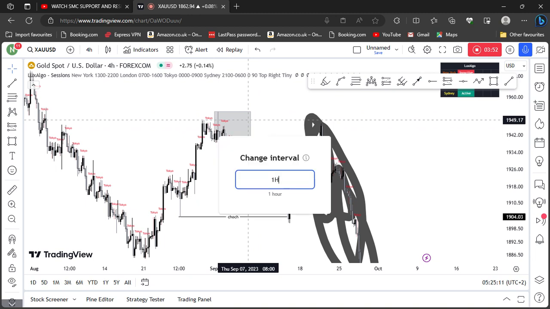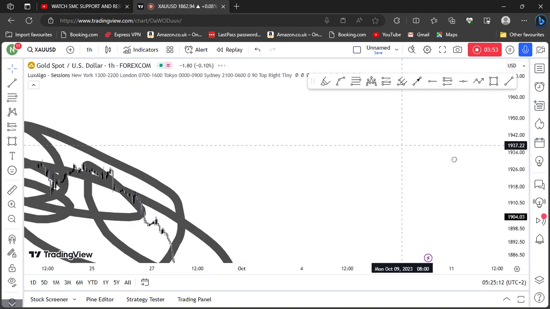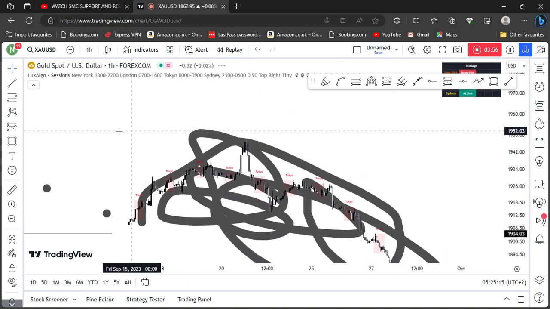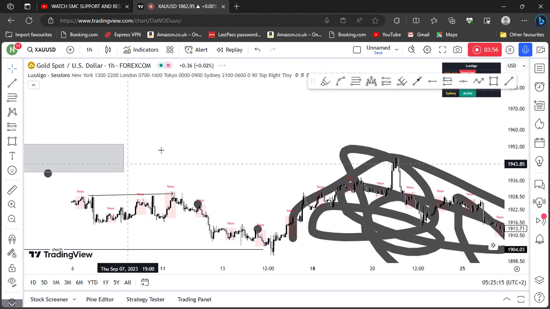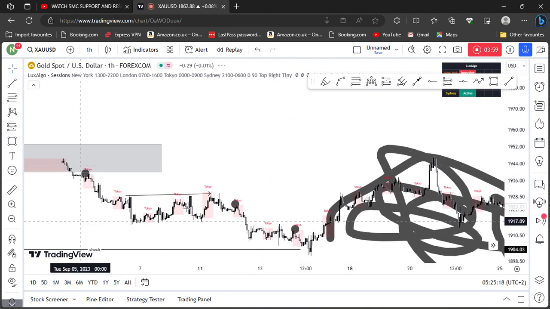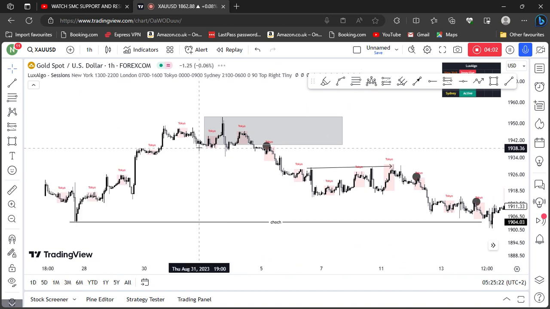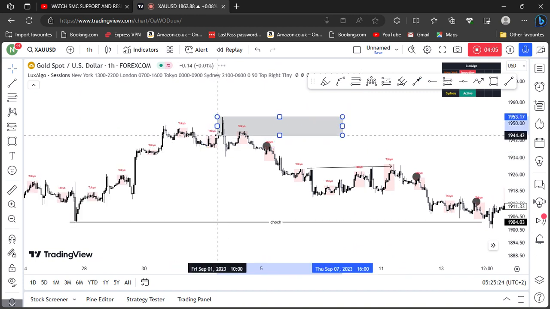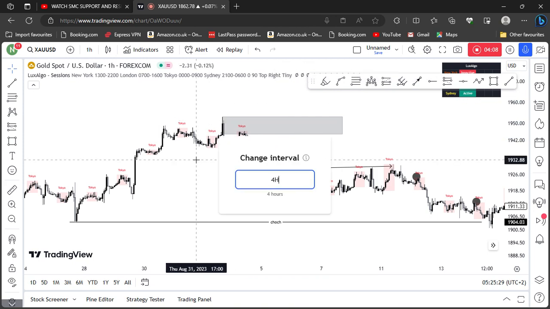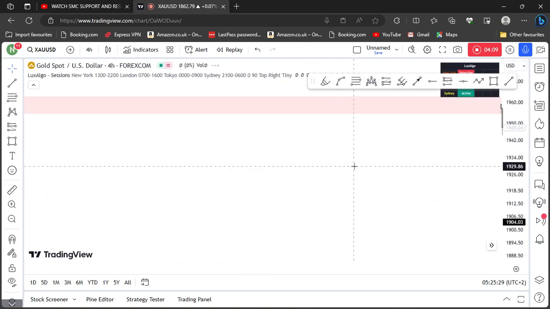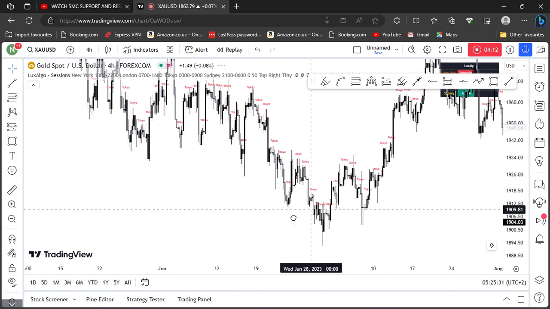So I scaled down to a lower time frame to check for an extreme level where I can enter my trades, where it could be a sniper entry, right? As I scaled down, I came across this candle right there. That is the place where I marked my order block.